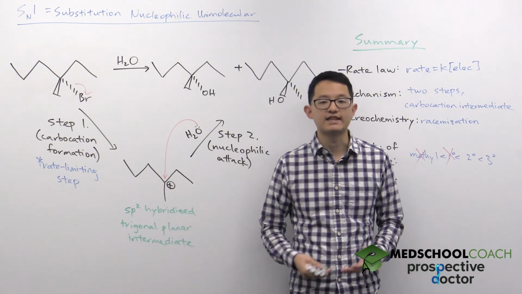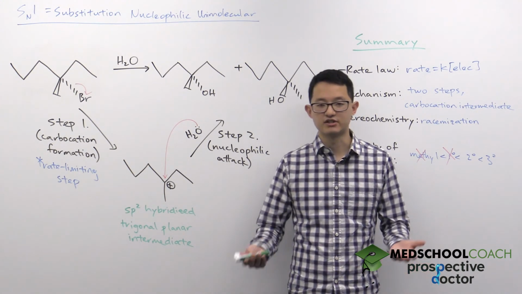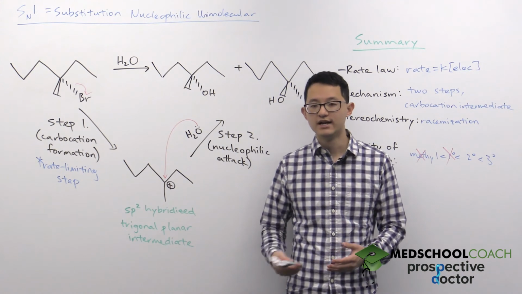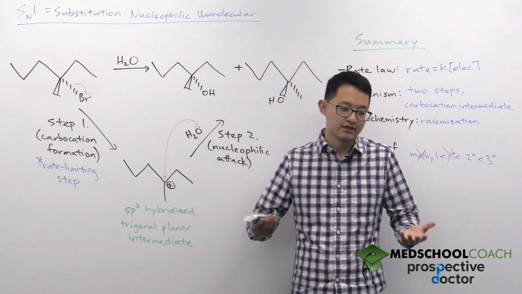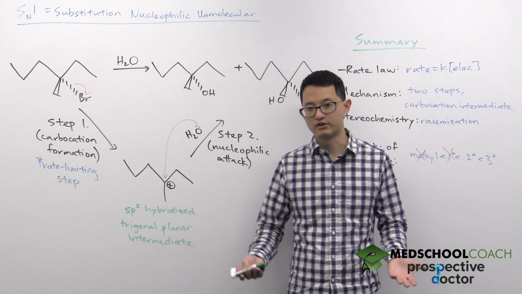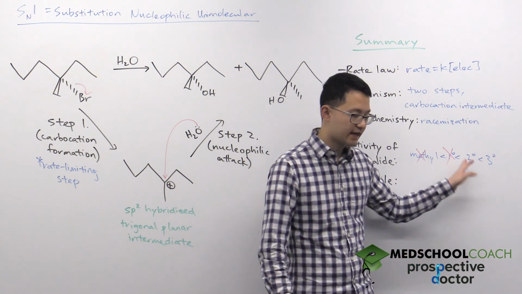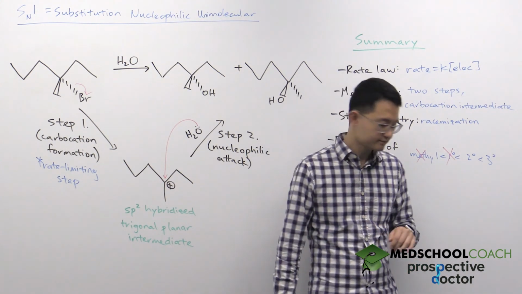Usually just by looking at the alkyl halide, you can figure out if it's going to be SN1 or SN2. The only alkyl halide where you actually have to question what type of reaction it's going to be is if you have a secondary alkyl halide.